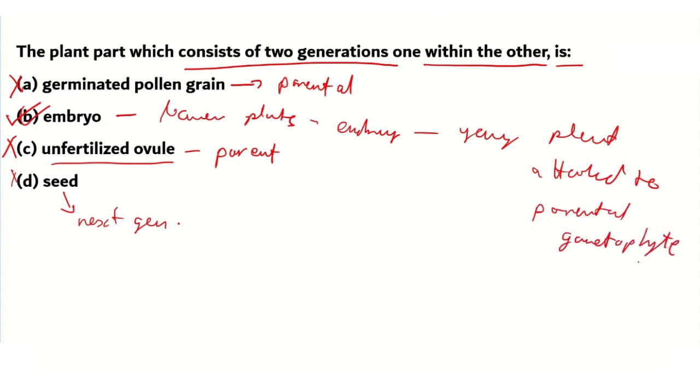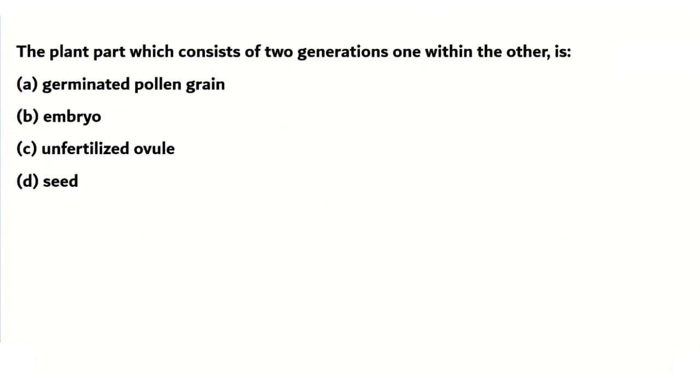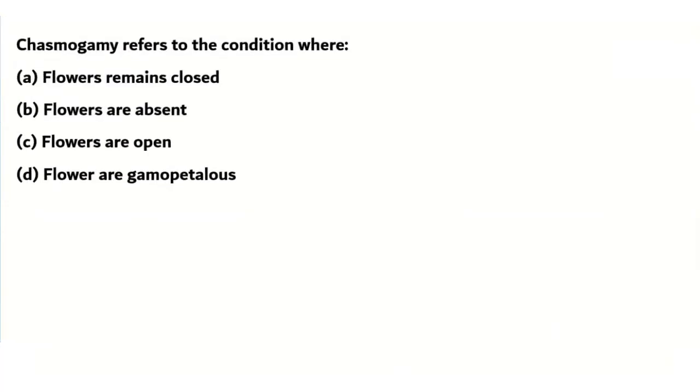So the correct option, the most appropriate one, is option B, embryo. In option D, seed, the entire apparatus has now become part of the next generation. That's why it falls from the main plant. So option B, embryo, especially of lower plants, is the correct option. I mean the most appropriate one.